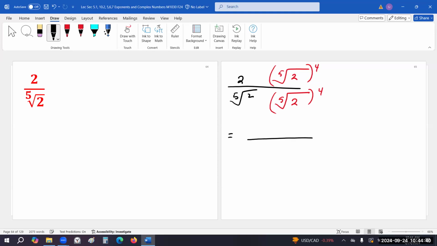So we have the same thing 5 times on the bottom. The 5th root and 5th power cancel out. We get a 2 without any radical.